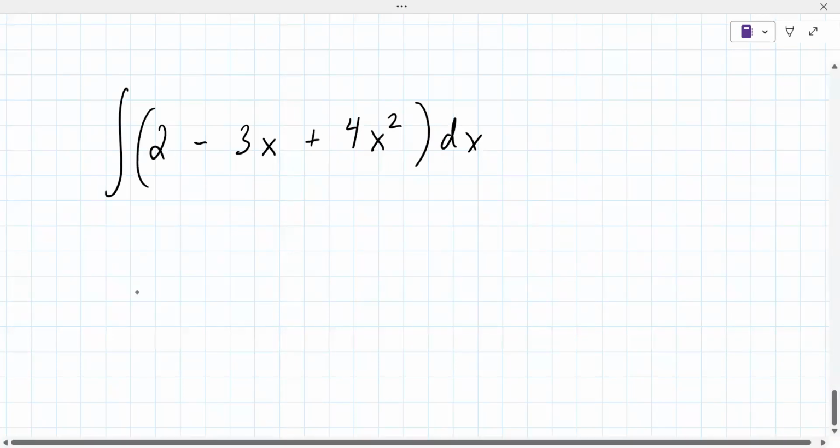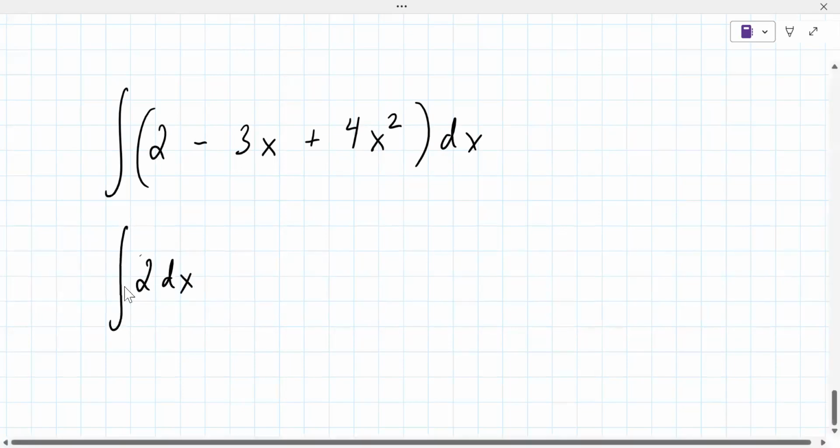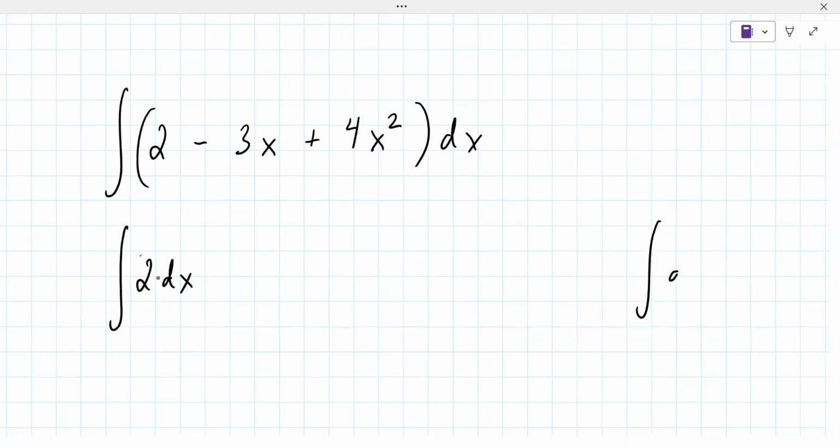Two minus 3x squared over 2 plus 4x to the 3rd over 3 plus C. Okay, so we're still missing the integral of 2 dx. What we did in an example like this: the integral of dx is always x, and if you have a constant, it's the constant times x.